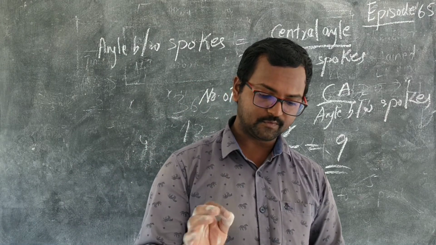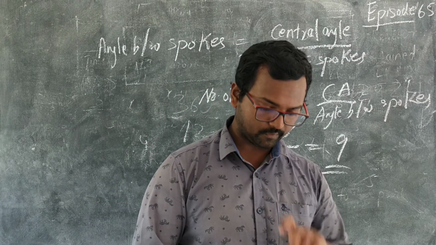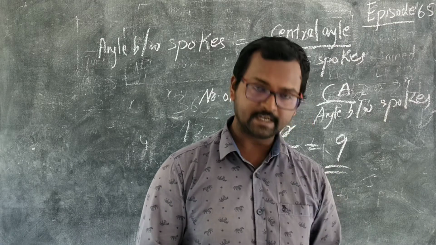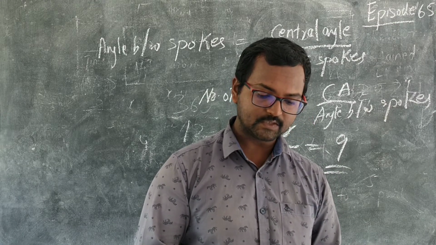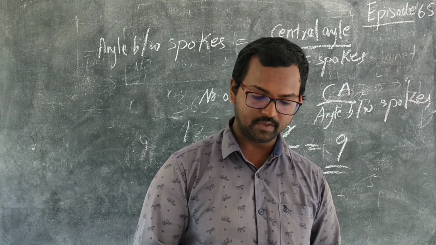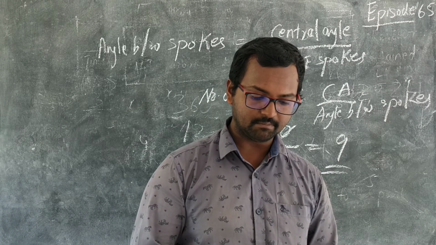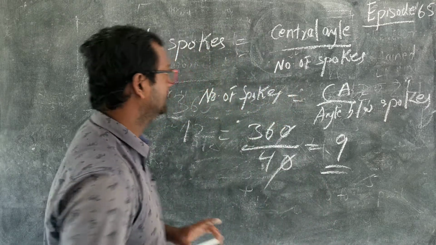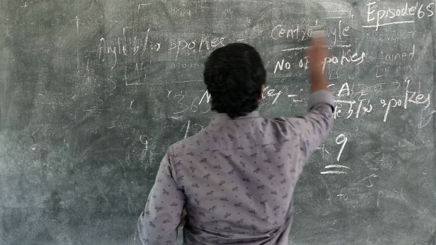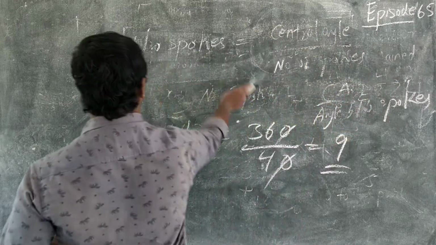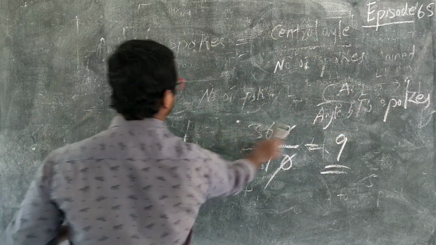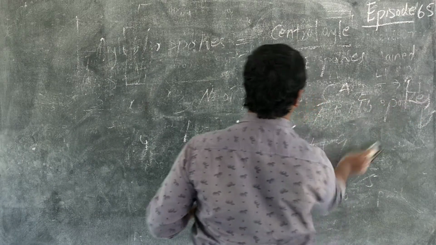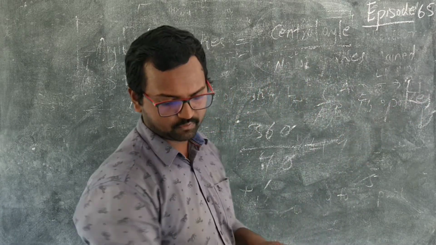Now the next one. If a box of sweets is divided among 24 children, they will get 5 sweets each. How many would each get if the number of children is reduced by 4? This is question number 4.